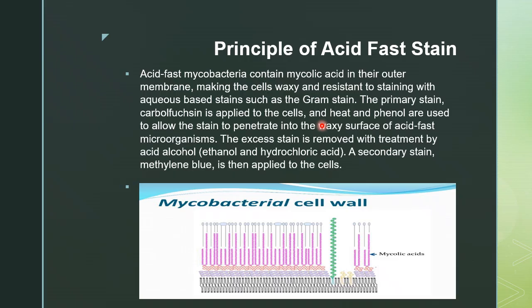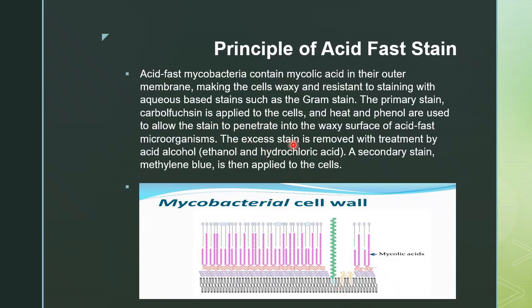As I told, carbol fuchsin contains phenolic compounds, and these phenolic compounds will solubilize the mycolic acid layer. Since it solubilizes, it will allow the carbol fuchsin to move inside the cell. And apart from this, you also apply heat over here.